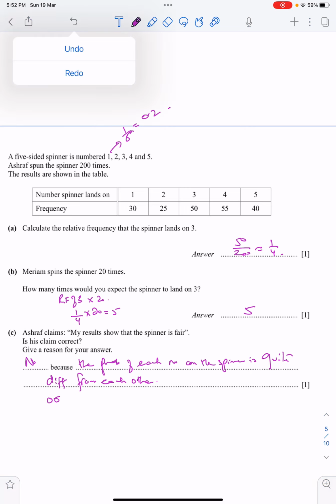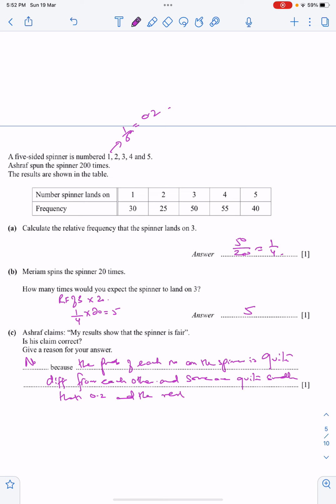So whatever you want to write, you can write down. And some are quite smaller than 0.2 and the rest are quite bigger than 1 upon 5 or 0.2.